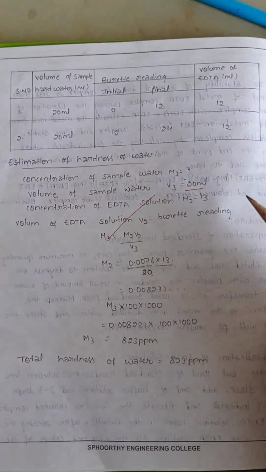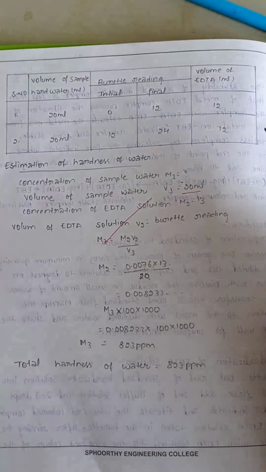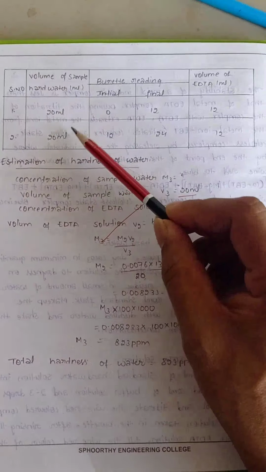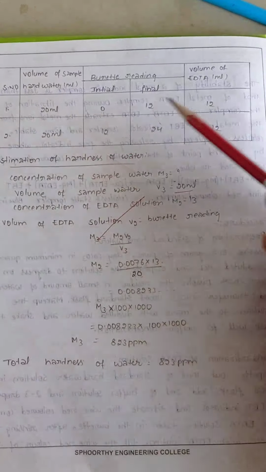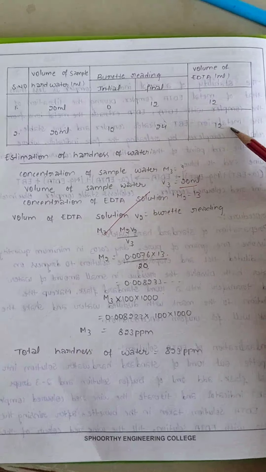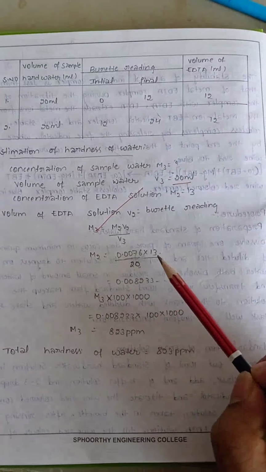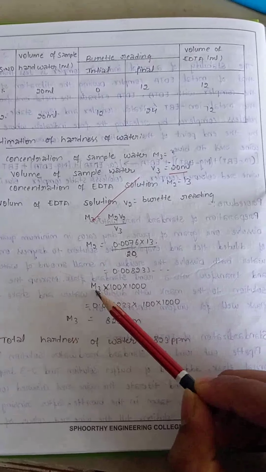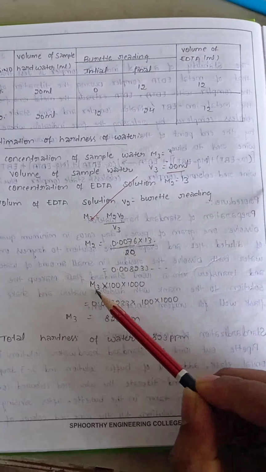So this is the calculation for estimation of hardness of sample water. In this experiment, we have taken 20 ml of sample hard water, which consumes 12 ml of EDTA for each run, each repetition. If you substitute those values in the equation as we discussed, you can get M3. M3 is the concentration of sample hard water.